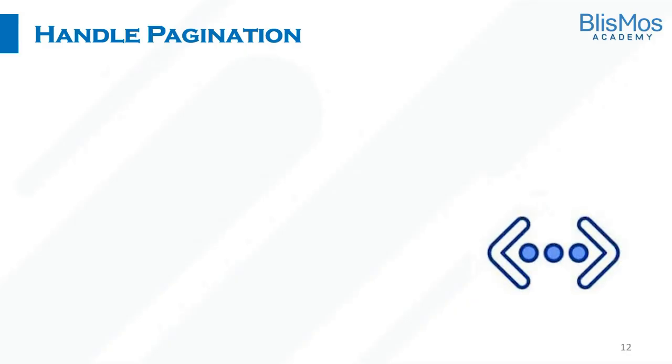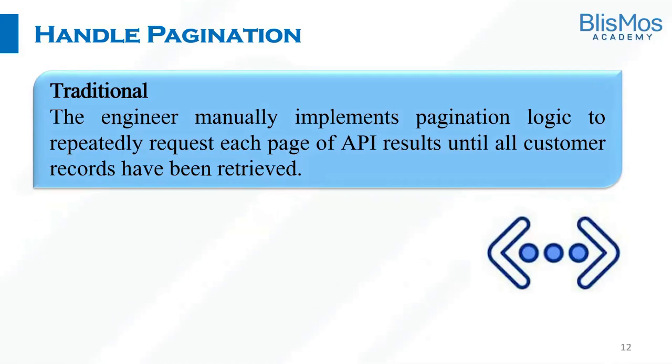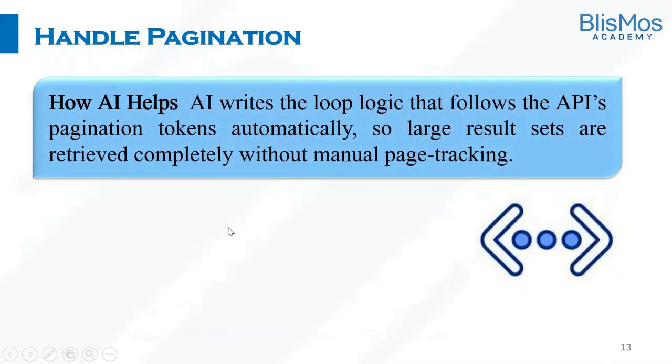Manually, a data engineer implements the pagination logic by requesting the pages of API results repeatedly until all the data is ingested. But if you take the help of AI, AI writes the loop logic that follows the pagination tokens automatically, so that if you have a huge amount of data, all the records are ingested completely without any manual intervention.